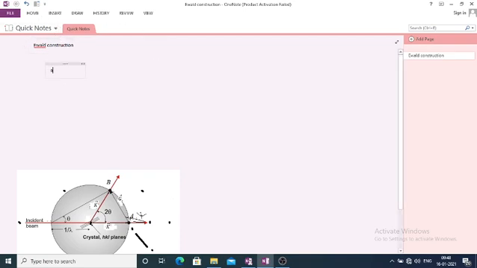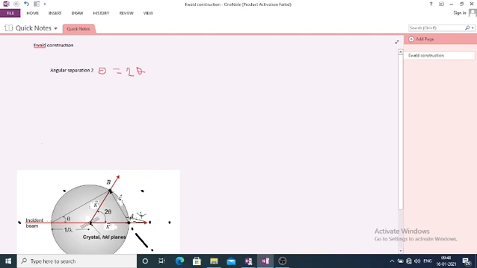We should remember that the angular separation between the incident ray and the reflected ray is 2 theta.